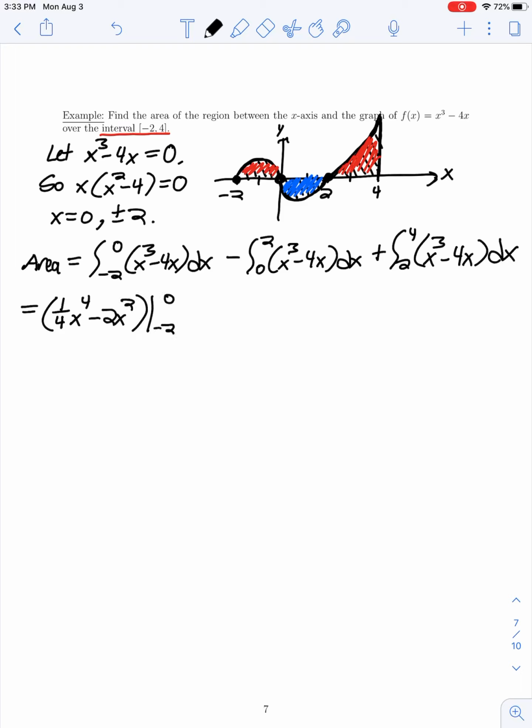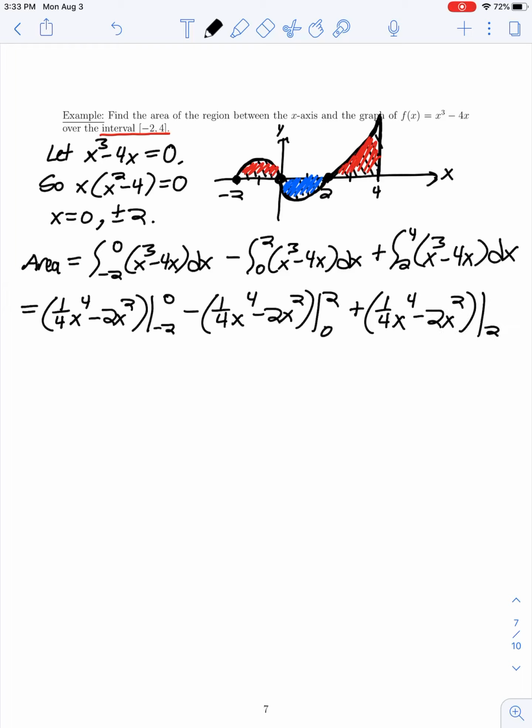On the first interval, we're evaluating from -2 to 0, then subtracting the same antiderivative, now evaluated on the interval from 0 to 2, and then adding the same antiderivative on the interval from 2 to 4.